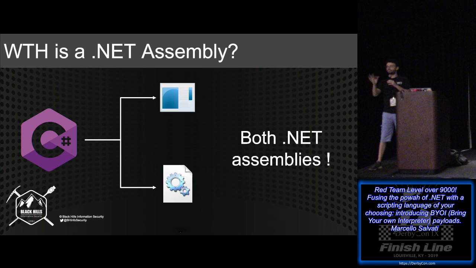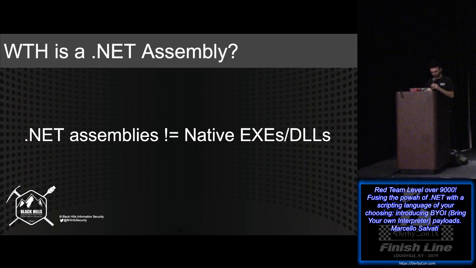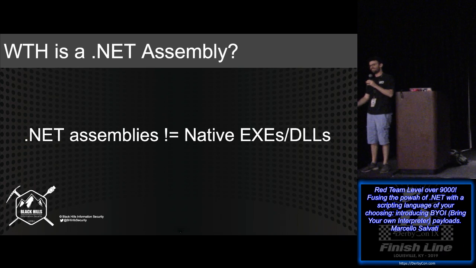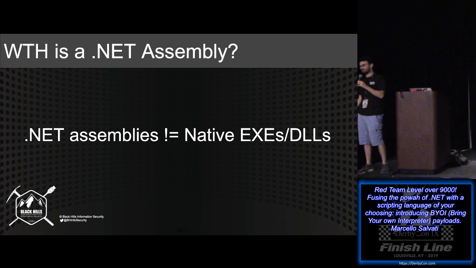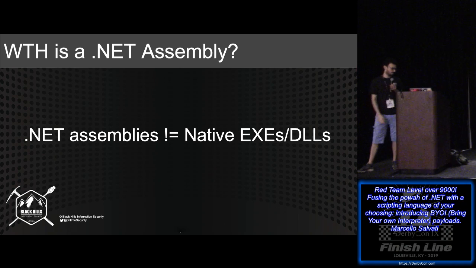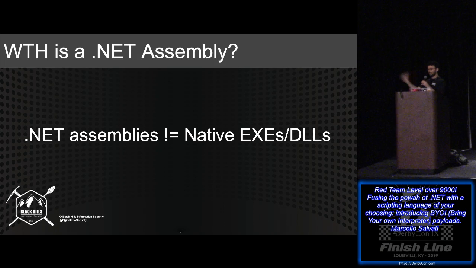And this is where things start getting a little different from what you'd expect from a compiled, unmanaged language. Another important thing to know, and I apologize if I keep saying .NET and framework all the time, but in a talk like this it's almost impossible to avoid: a .NET assembly is not the same format as a native executable or DLL.